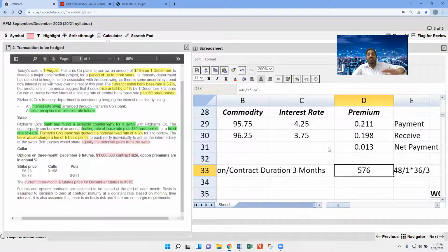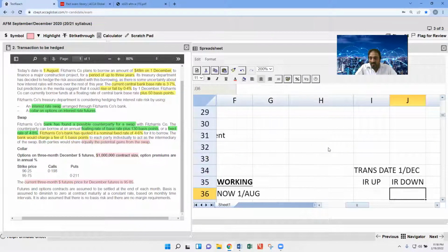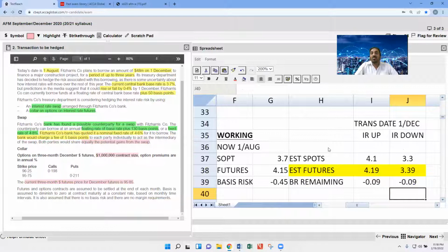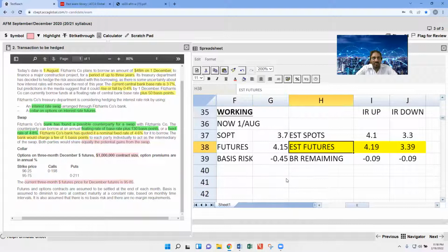We cannot adjust the duration of December contracts because it's a market contract. So do remember that our date of transaction is 1st December and the contract will expire by 31st December. That's the key point. Okay, these are the estimated futures.